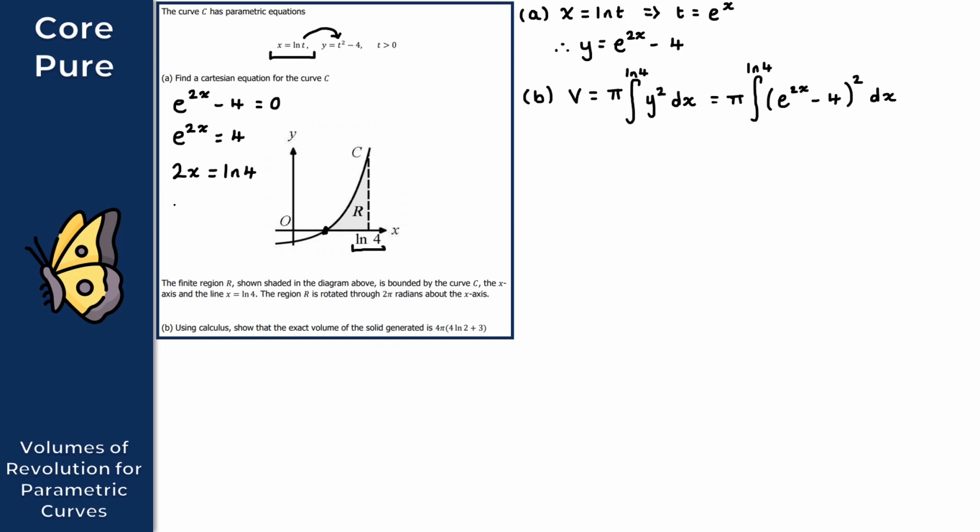And then finally, just divide both sides by 2. So we get x equals ln 4 divided by 2, which is just the same as ln 2, right? So this point here is ln 2, and that gives us the lower limit to our integral. So ln 2 here.